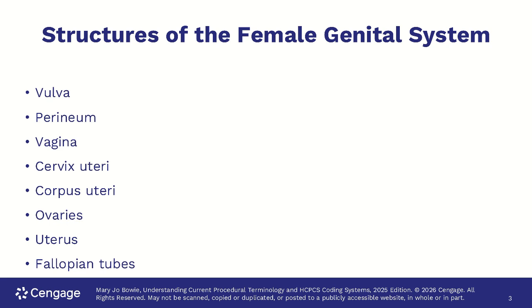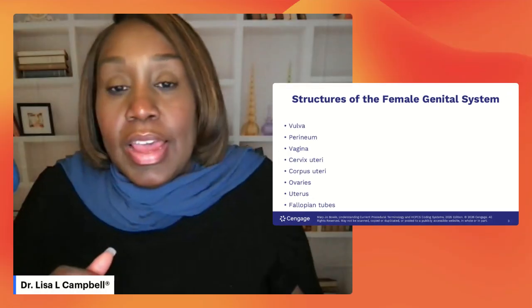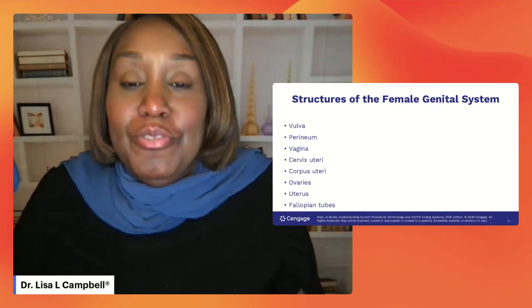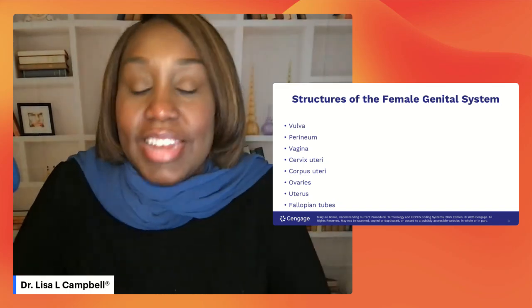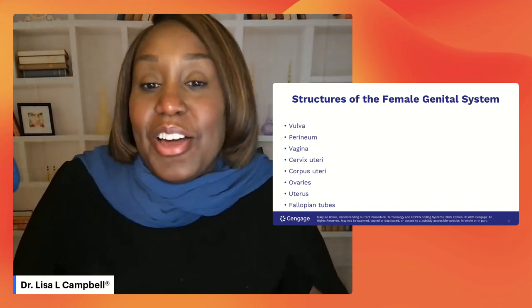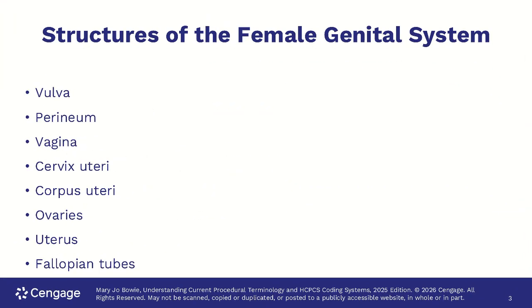The perineum is a diamond shaped area of the skin between the upper area and the vaginal orifice and the anus. You have the vagina. You have all the rest of these, which I'm not going to get into because, at this point, if you literally don't know by now that you have to know the anatomy, you got to get caught up. All right. So let's get back to business.